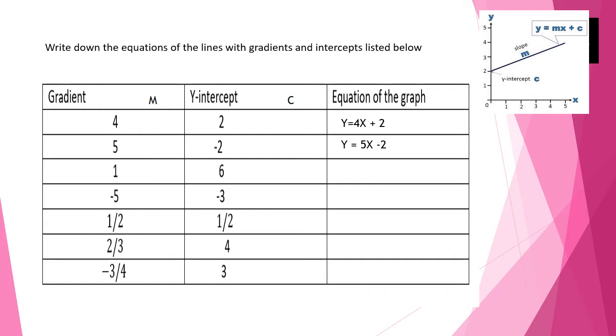I will skip a few questions, I'll keep them for you, and I'll do one more. The gradient m is half, so I will write half x plus, the y-intercept is also half. So you write it as y equals half x plus half.